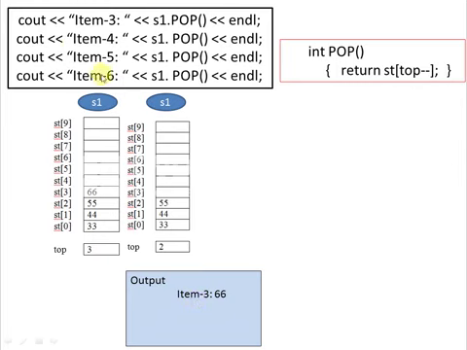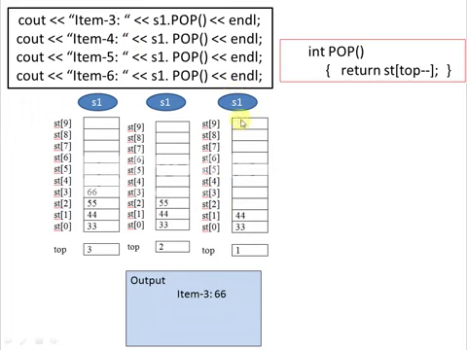The output of the next line will be like this. The status of S1 becomes two values remaining in S1. 55 is the next value which has been removed from here, and the output will become like this.